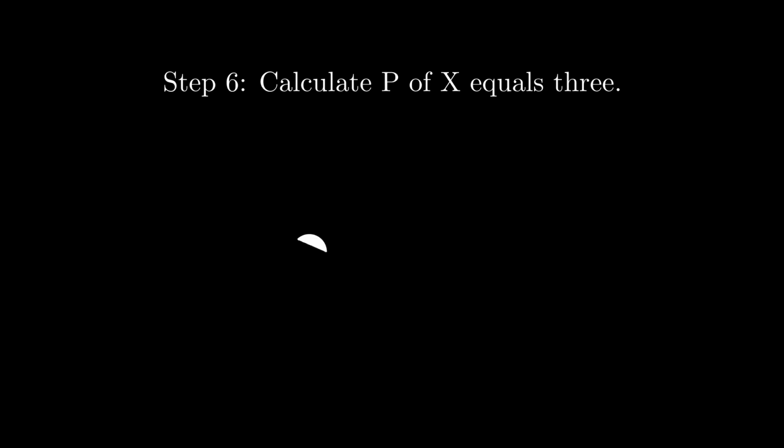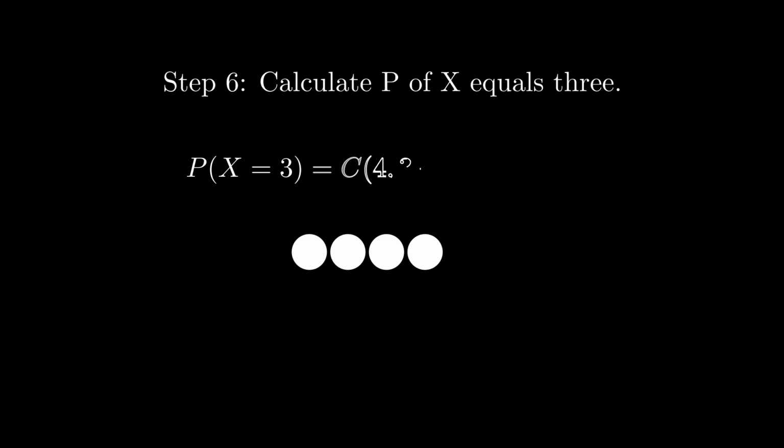Step 6. Calculate the probability of hitting the target 3 times. C of 4, 3 is 4 choose 3, which is 4. 0.6 to the power 3 is 0.216, and 0.4 to the power 1 is 0.4.